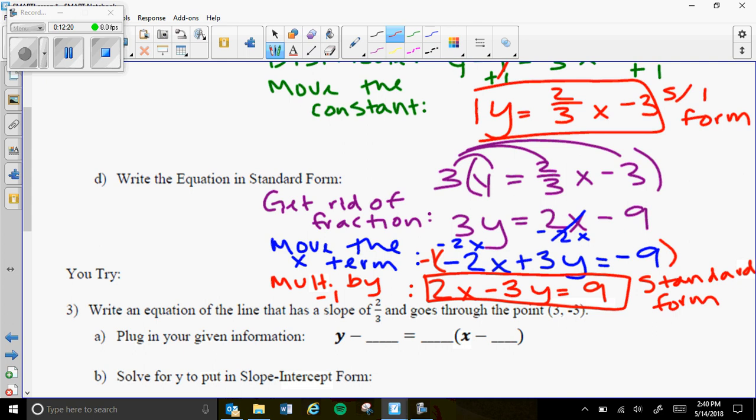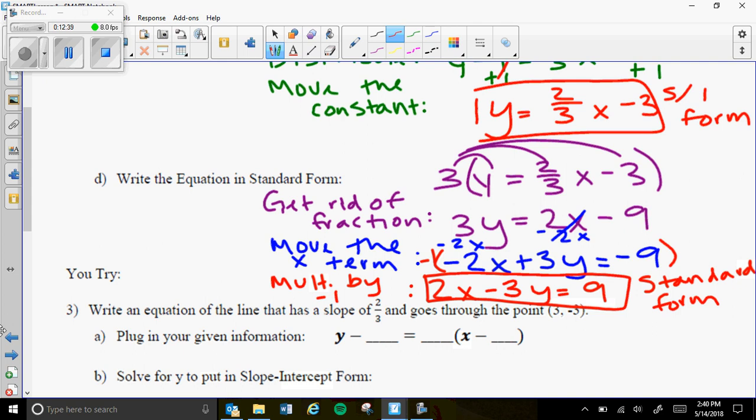So again, each time, if you've noticed, we've started with point slope, moved to slope intercept, and then moved to standard form. So if you have questions about A, B, C, or D on this section, please make sure you pause your video and rewatch, or else ask questions before moving on.